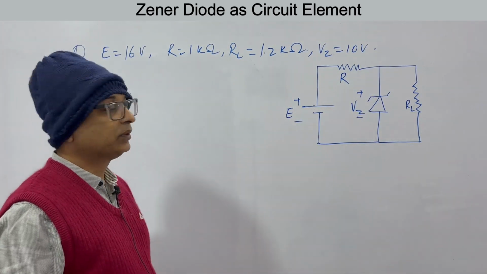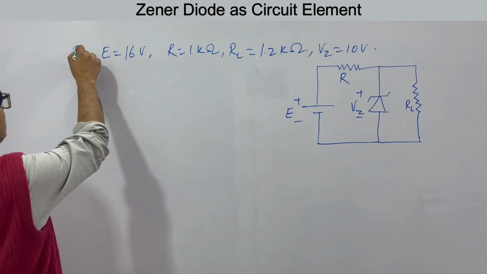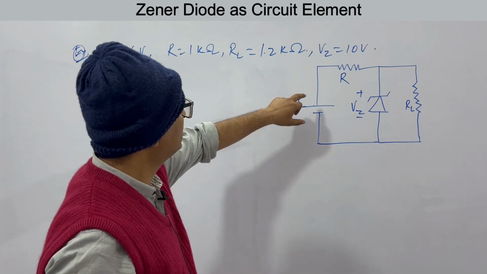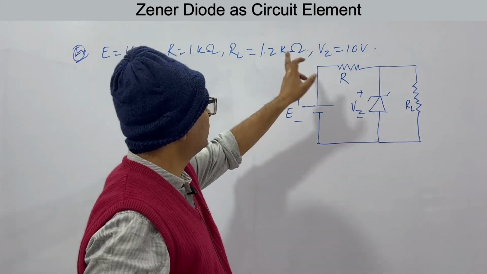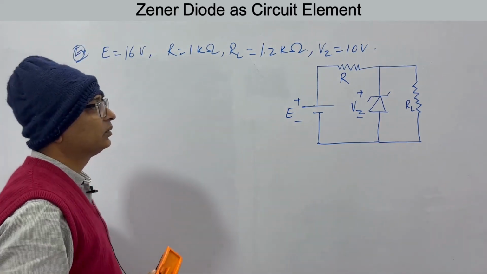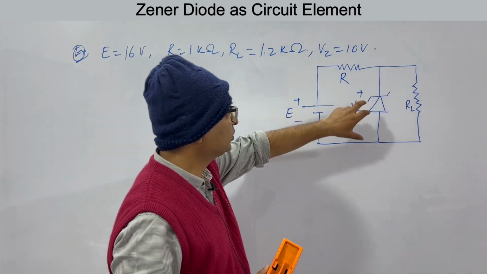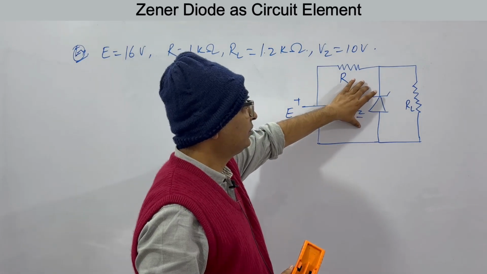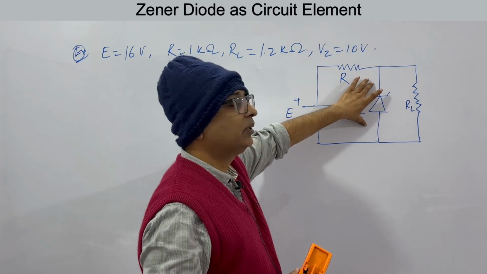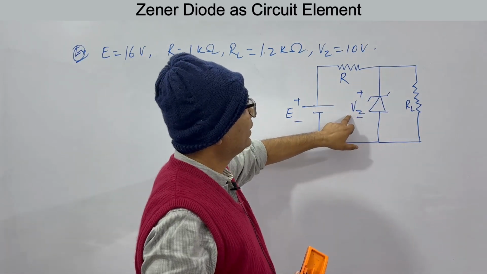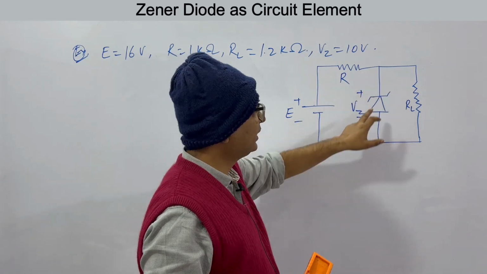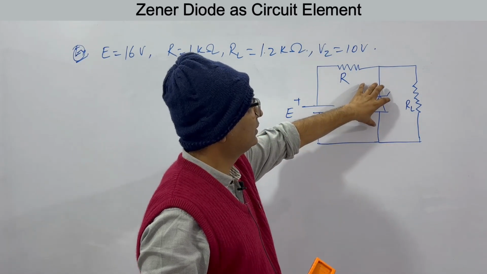This is a Zener diode. So our example is: we are given E is 16 volts, R is 1 kilo ohms, RL is 1.2 kilo ohms, and VZ is 10 volts. Whenever you have a Zener diode, what is the meaning of it? Whatever VZ is specified, if the voltage across it is above this voltage, it will stay at this value.